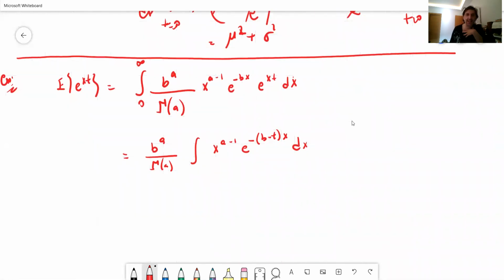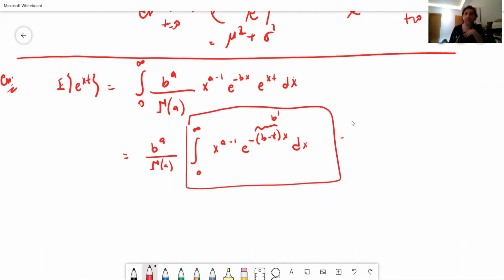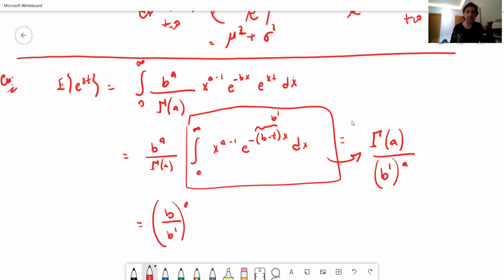Now note that the integral is from 0 to infinity. This is going to be our b prime here. So when you integrate this function here, what we are going to obtain will be equal to gamma of a divided by b prime to the power a. So when you multiply those two, the result is going to be equal to b over b prime to the power a.